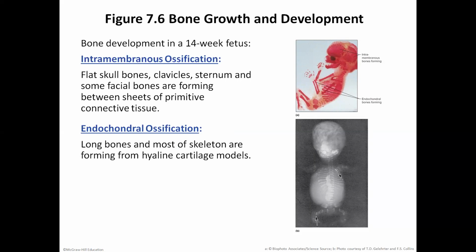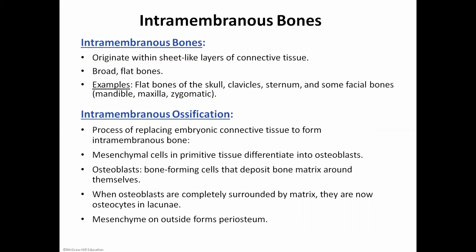And again, it will be replaced by bone. And then endochondral ossification, we start with hyaline cartilage, and then that will be replaced by bone. So I would like you to know where are some examples of these bones and what is being replaced. So in intramembranous, you have mesenchymal cells or primitive connective tissue being replaced by bone, versus endochondral is hyaline cartilage being replaced with bone.